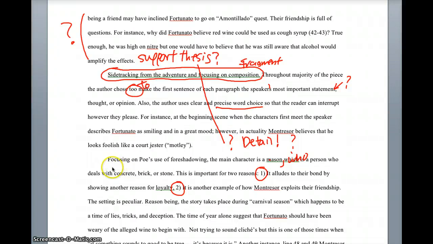But notice, more importantly, big mistake. It's like the author really doesn't know how to support his own thesis. So he just starts talking about a variety of topics and subjects related to the story.